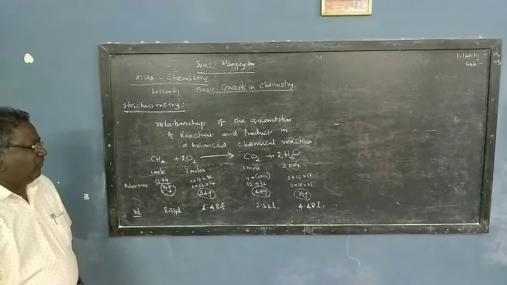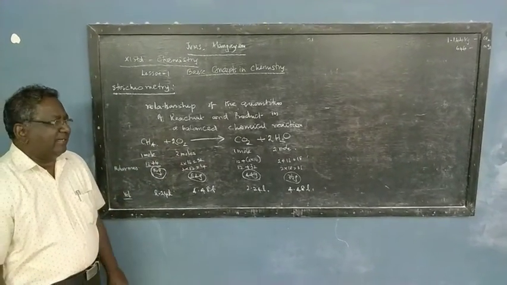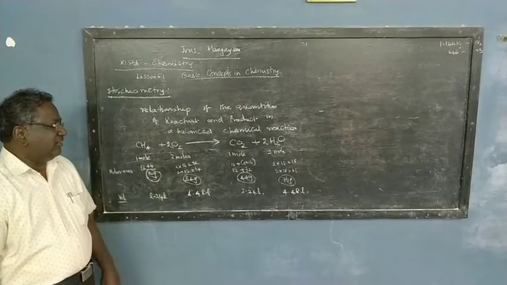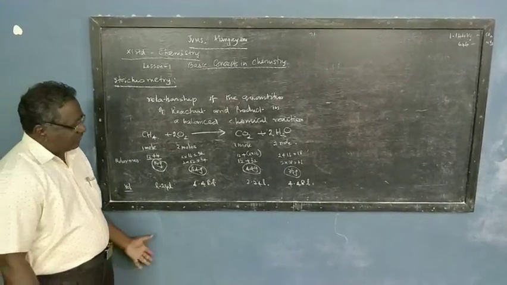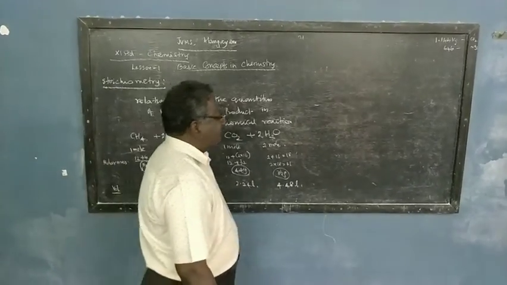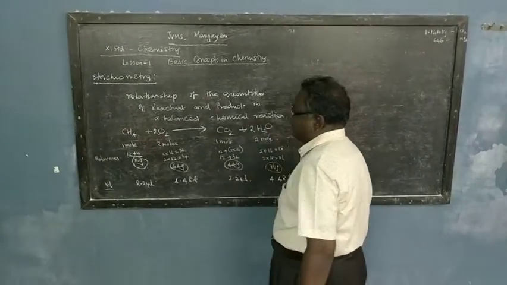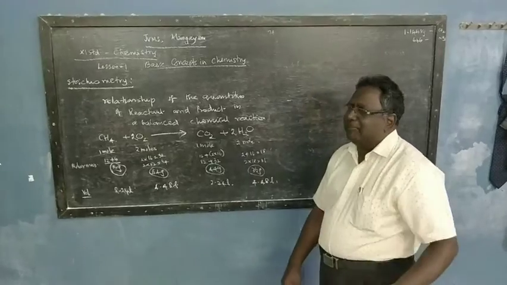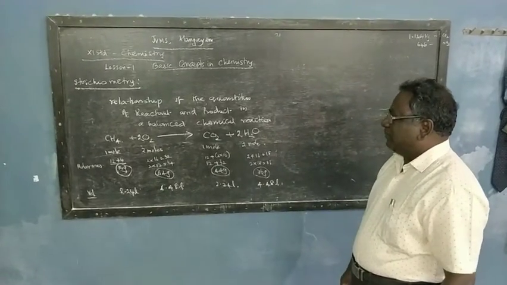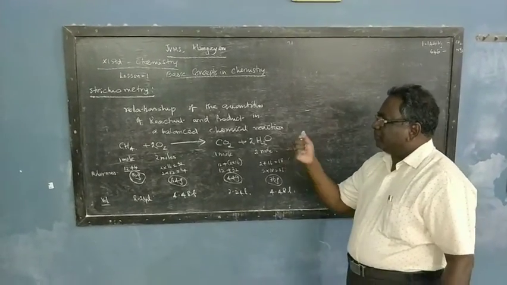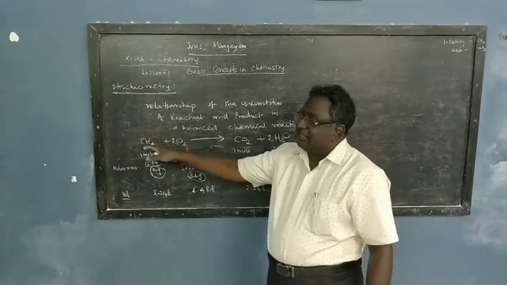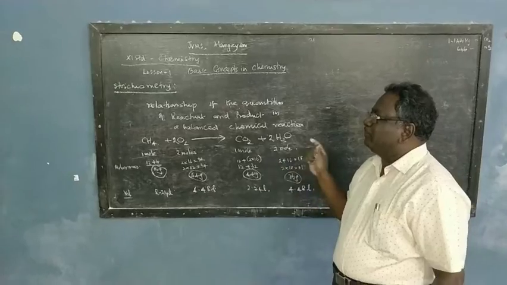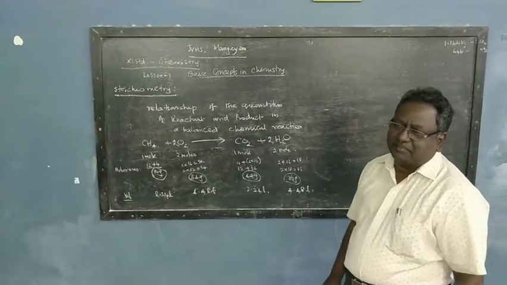So this is how in a balanced chemical reaction we can relate the quantities of the reactants and products, right? So this stoichiometry is useful to study almost all the chemical reactions. For producing a certain amount of product, how much of reactant you can take, you can always predict using this stoichiometric principle.